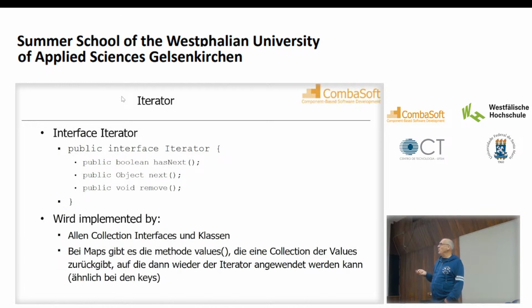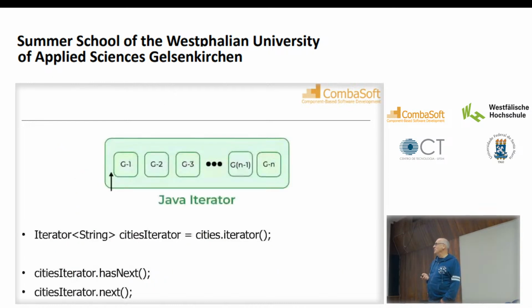It has the next operation, it has the has next, and it has the operation that you can remove an element. Okay? It is implemented by all collection classes, interfaces and classes. We have the maps structure in Java. It's key value pairs. So it's a little bit different. We have method values. But we stay on these classical collections, and there you have it.